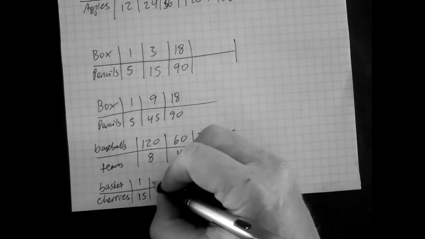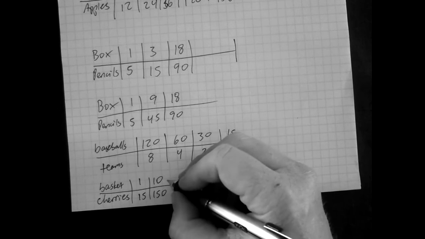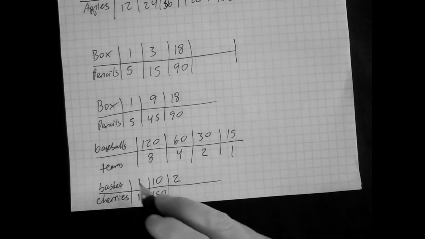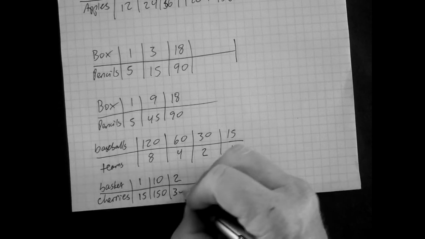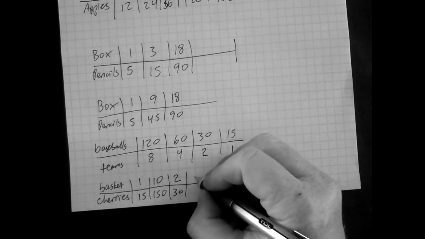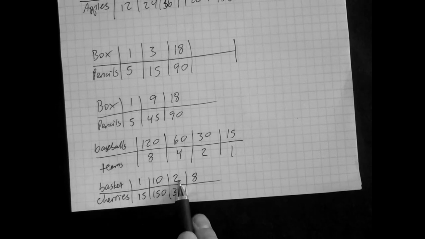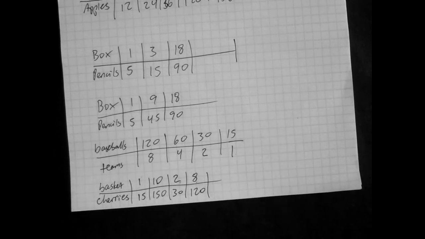You might also multiply by 10, because that's really easy. 10 baskets, 150 cherries. We want to know what 2 baskets is worth. That's pretty easy. We double it from 1 to 2, so 15 to 30. And then if I want to know how many are in 8 baskets, that's simply going to be 10 minus 2. Gives us 8. So 150 minus 30 gives us 120 cherries in 8 baskets.